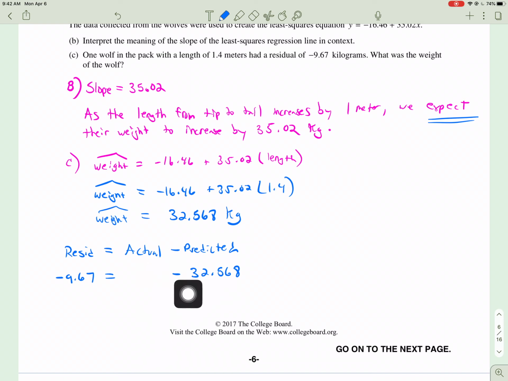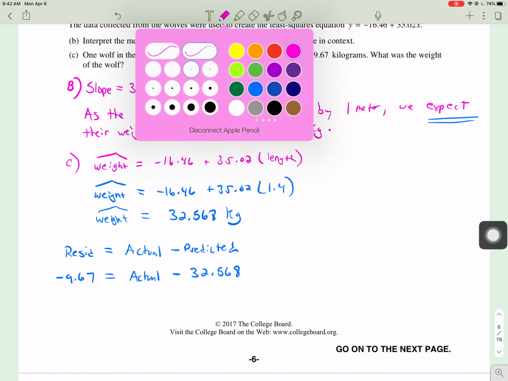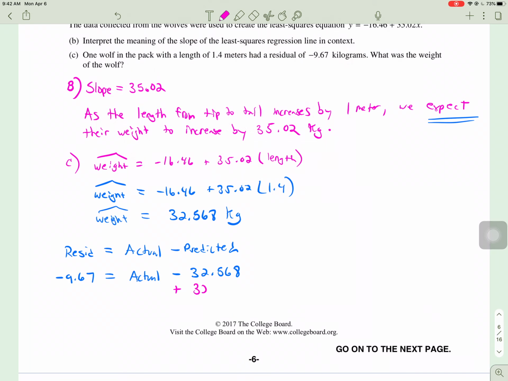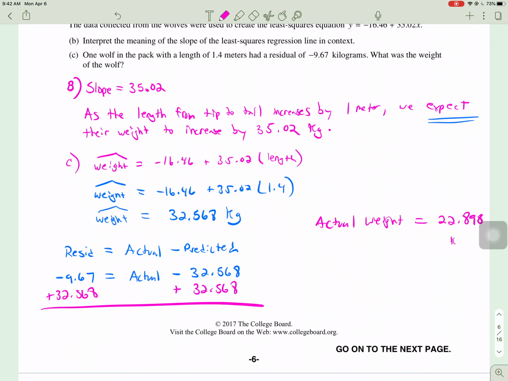So how do we solve that? Well, we just solve this for actual. We are going to add 32.568 to each side. And we're going to get the actual weight, and it solves to 22.898 kilograms.